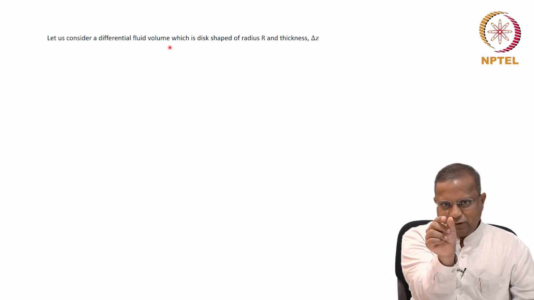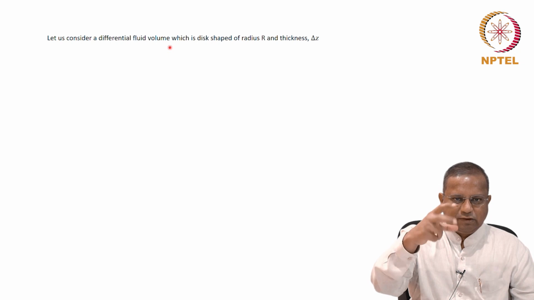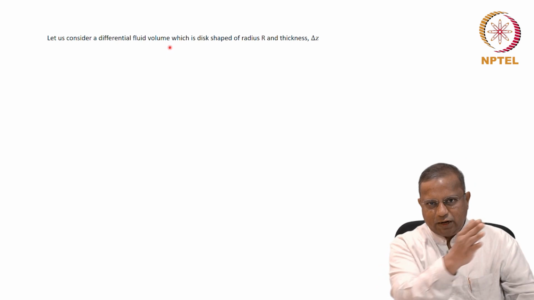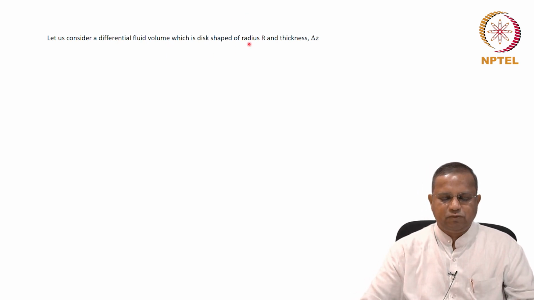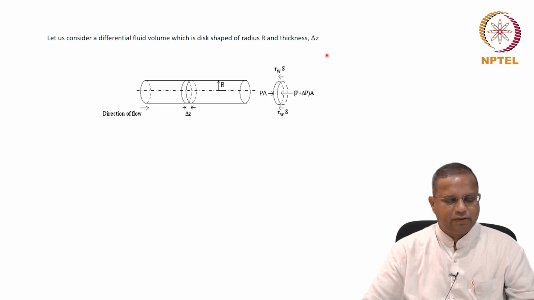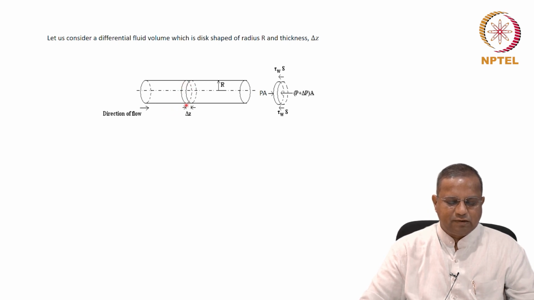The thickness has to be very small and the radius has to be that of the pipe, and that disc is going to be a differential element for this flow situation. So the differential fluid volume is disc shaped of radius r and thickness delta z. In other words, if this is the direction of flow, we take a disc of thickness delta z and radius r, and that would be a representative differential volume element.